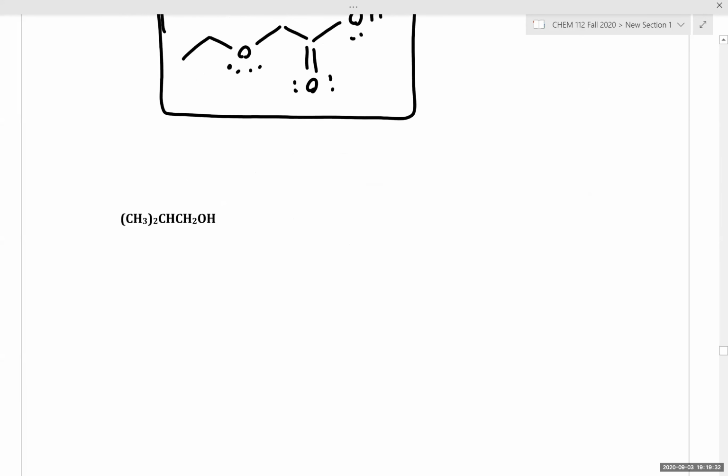Perfect. So let's apply what we've learned. And let's draw out a bond line formula for the following structure. Remember, go from your condensed structure to your partially condensed structure, and then you draw your bond line. So let's spend about 2 to 3 minutes on this example, and don't be shy to share your responses in the chat.